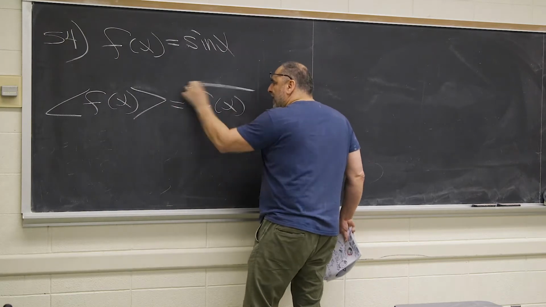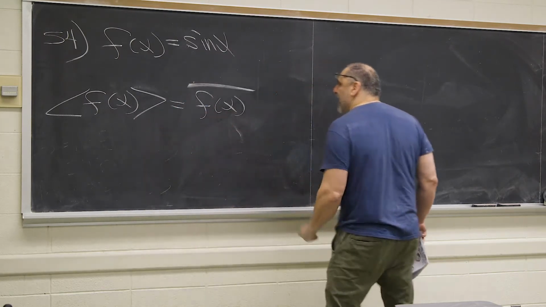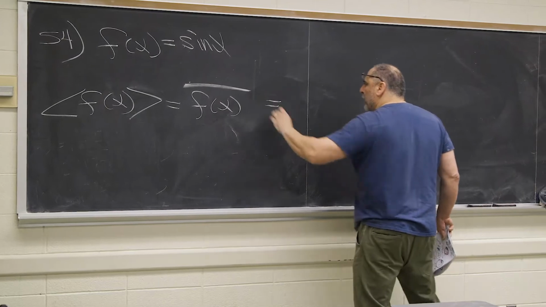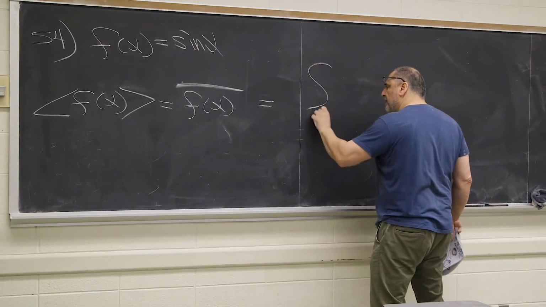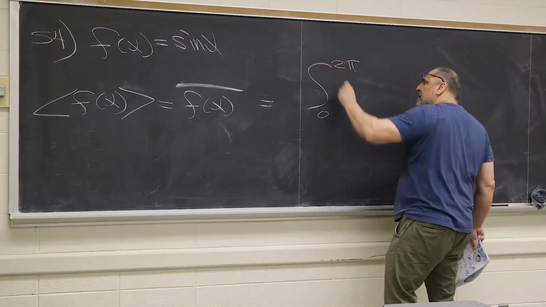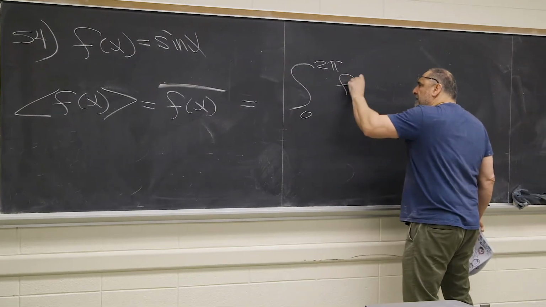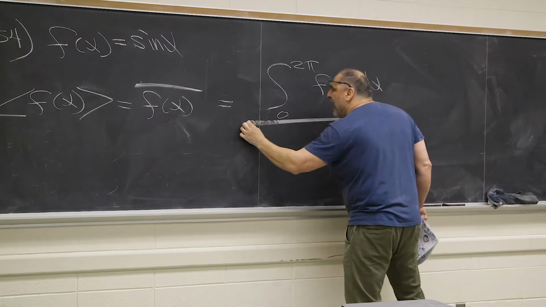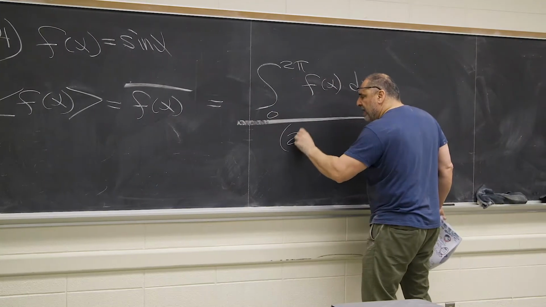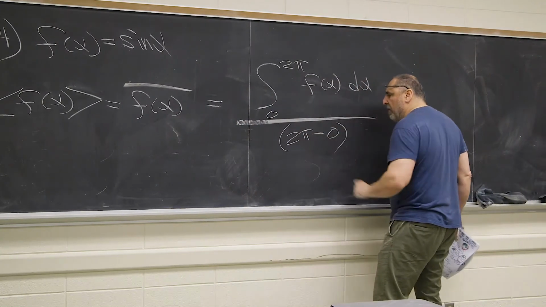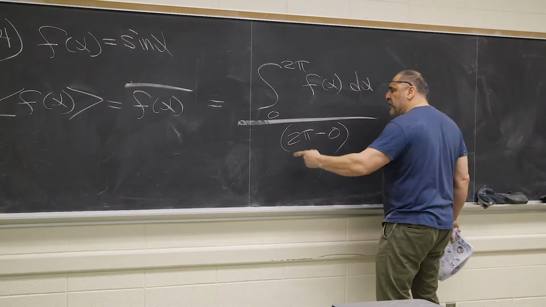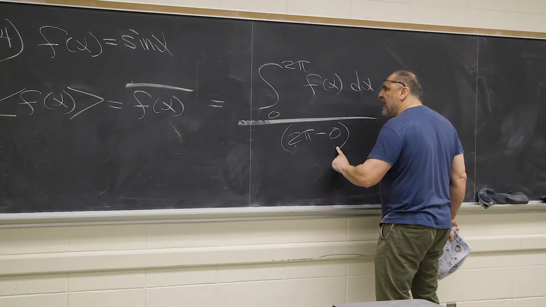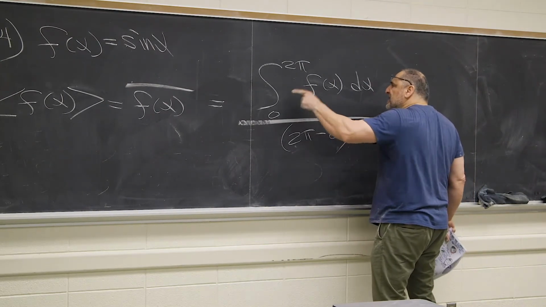Average, expectation value, whatever, is the integral from 0 to 2 pi, in this case, of f of x dx divided by the run itself, which is 2 pi minus 0. You're running from 0 to 2 pi. There's a run of 2 pi, and this is the integral of this thing.